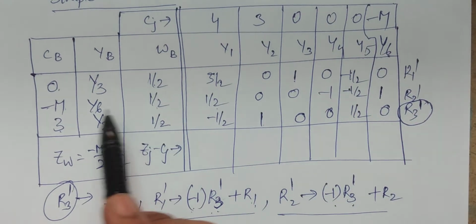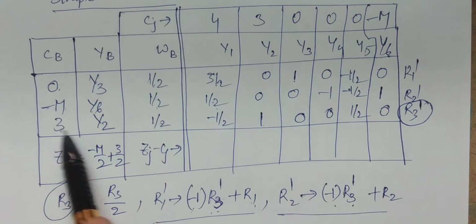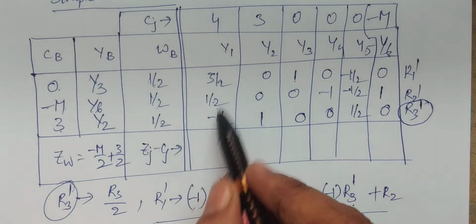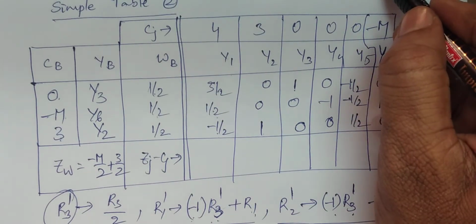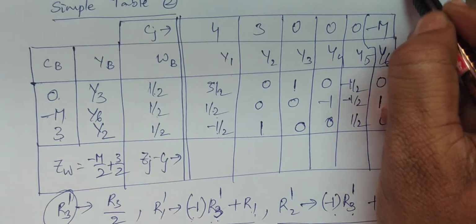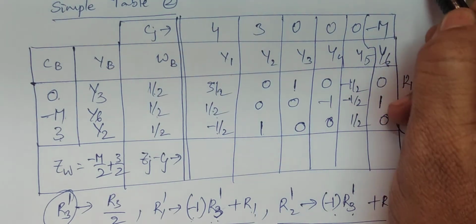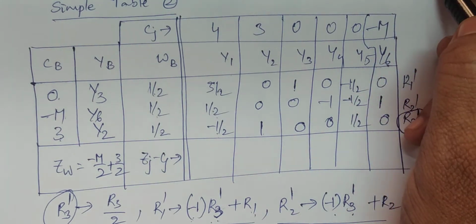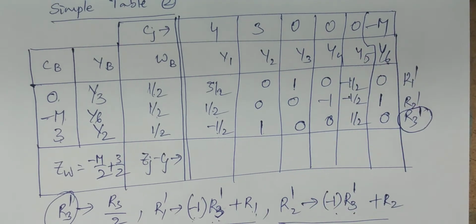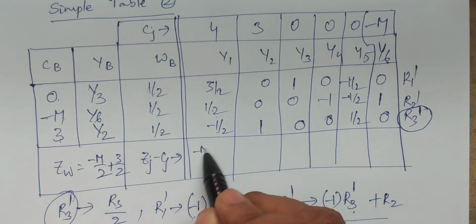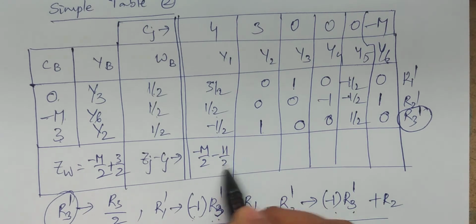It is minus m by 2 plus 3 into minus 1 by 2, minus 3 by 2, minus of minus 4, minus 3 by 2, minus 3 by 2 plus 4, minus 3 by 2 minus 4, minus 4, minus 8 to minus 11 by 2, minus 11 by 2. So hence it is minus m by 2 minus 11 by 2.